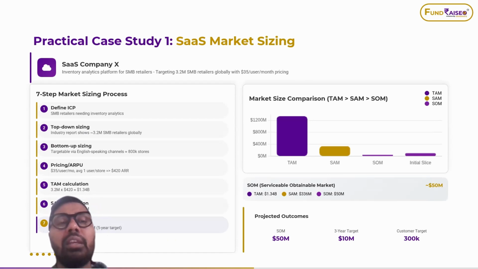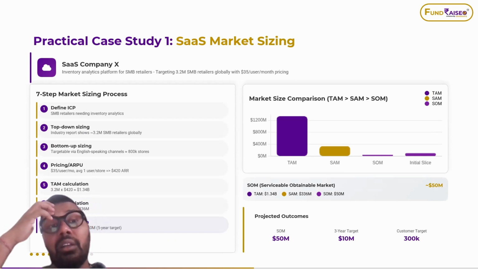For bottom-up sizing, we said that since we are a platform which is predominantly going to use English as the language across our platform and communication channels, we try to bring that 3.2 million down to a number which can be targeted via English-speaking channels.